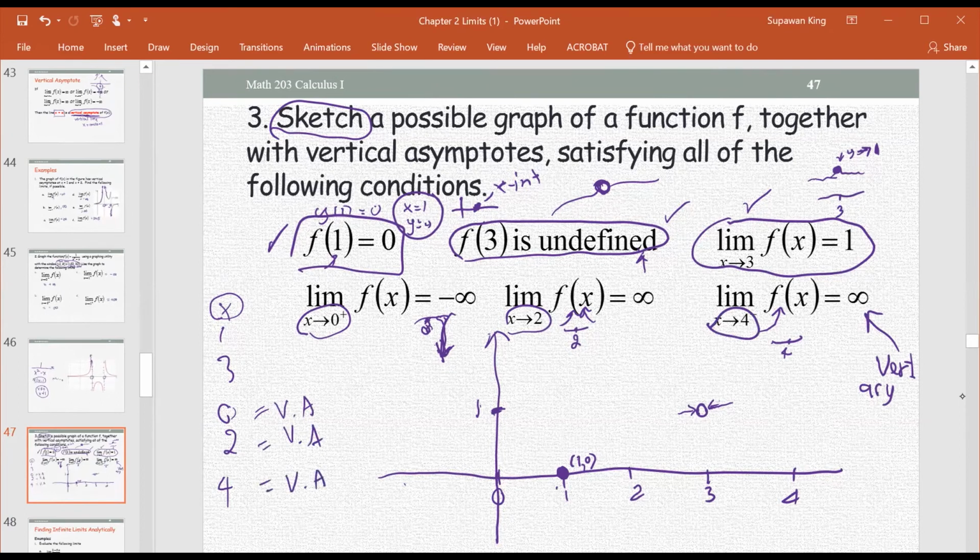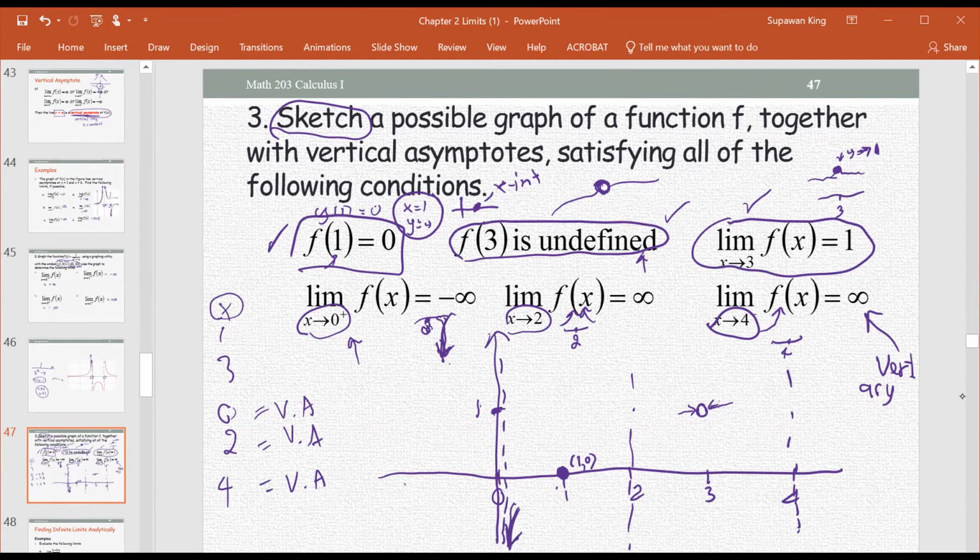All right. So we're going to draw the vertical lines passing through the points x equals 0, x equals 2, x equals 4. Okay. And next, we're going to put the direction of the curve. As x approaches 0 from the positive side, that means from the right side of 0, the graph goes all the way down, approaching negative infinity.